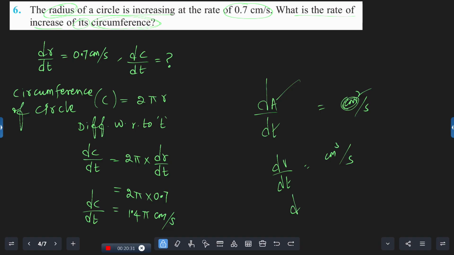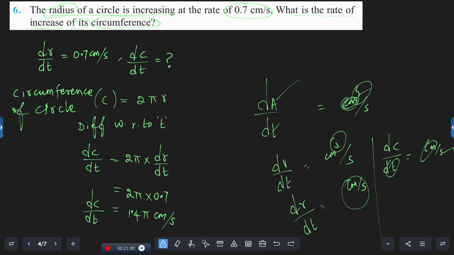Like that, dr by dt, radius and all will come in centimeter only, so centimeter per second. Likewise dC divided by dt, circumference also will come in centimeter only, so centimeter per second, T means S. Understand? Centimeter or meter or feet, you can see in the question. Whatever the unit is, you have to mention. Volume is cube, area is square, and for other things the unit will come as it is. You have to realize that.